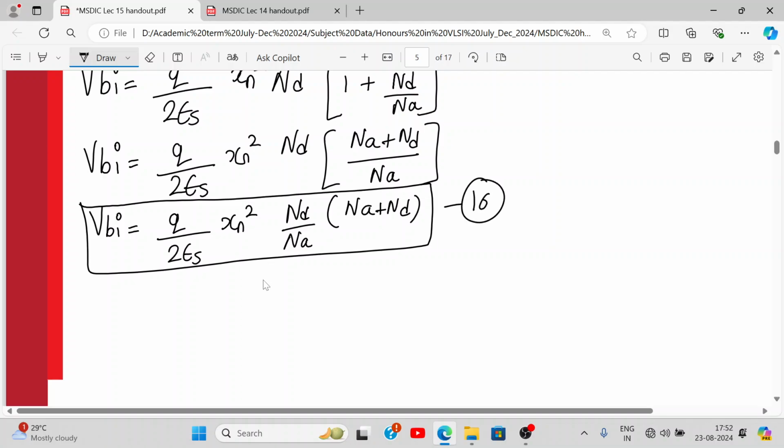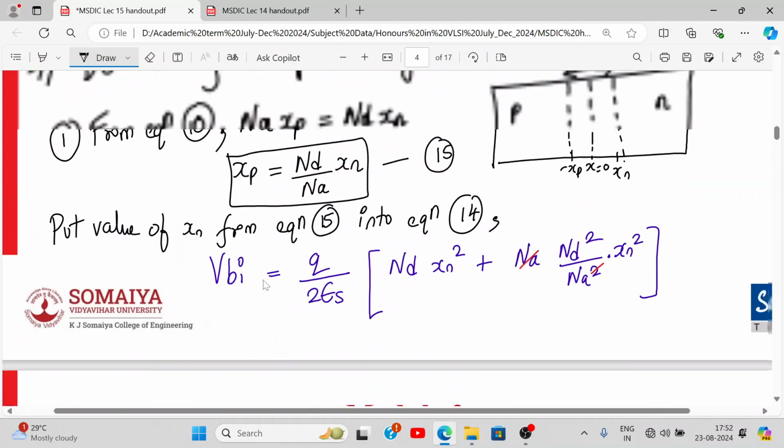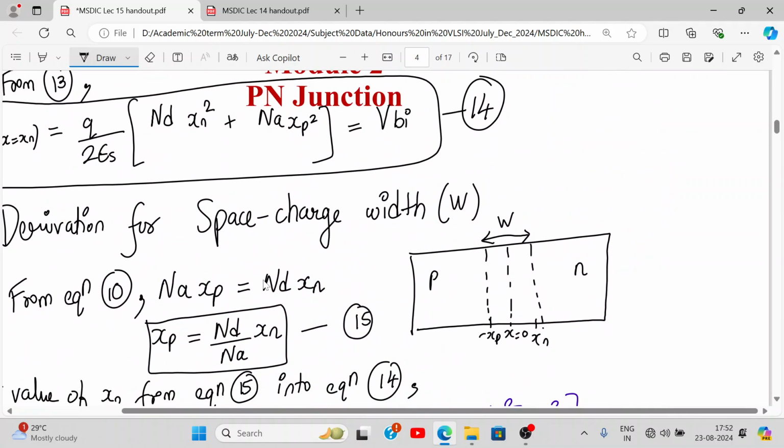Now, if I want to write xn in terms of everything else, what is W? Xp plus Xn, correct? So we are finding the expression of Xp and Xn and adding them.